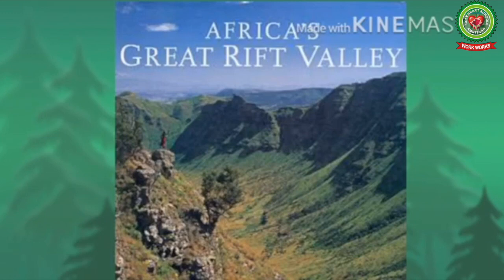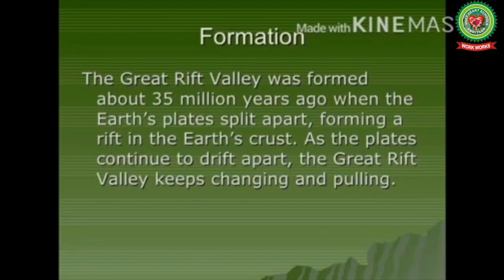Our next topic, Africa's Great Rift Valley. How was this Rift Valley formed? The Great Rift Valley was formed about 35 million years ago when the Earth's plates split apart, forming the rift in the Earth's crust. Here, rift means cracks in the Earth's crust.